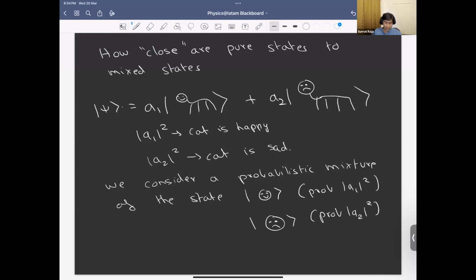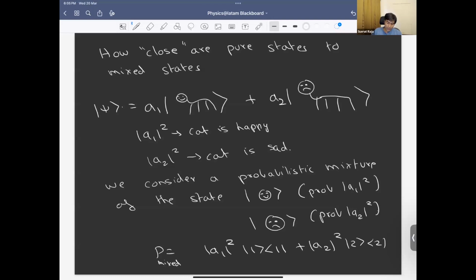The probabilistic mixture corresponds to a particular density matrix. Let me stop drawing cats now and write down what the density matrix would be. Let me call the state happy |1> and the state sad |2>. This corresponds to a density matrix which you could write as A1 squared |1><1| plus A2 squared |2><2|.